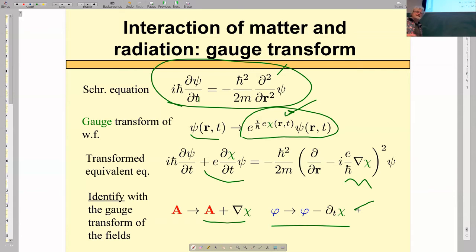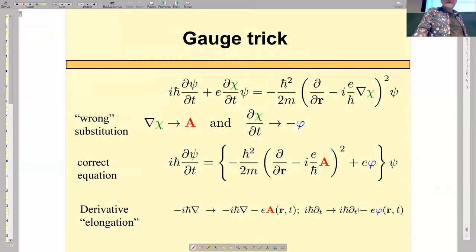That gives us an idea that if you would like to take electromagnetic fields into the Schrödinger equation, we just have to do a substitution, which is again a bit creative because it's wrong. So what is wrong?